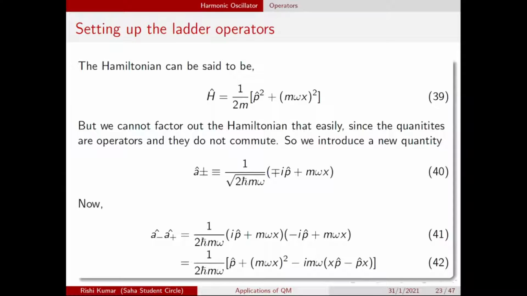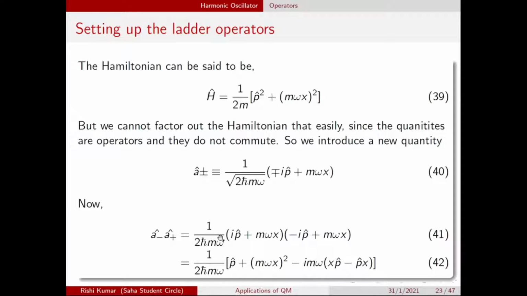Our a hat plus or minus is equivalent to this term here. We're just defining it as this quantity. Then we take a hat minus and a hat plus, a plus and a minus, using simple algebraic manipulation.